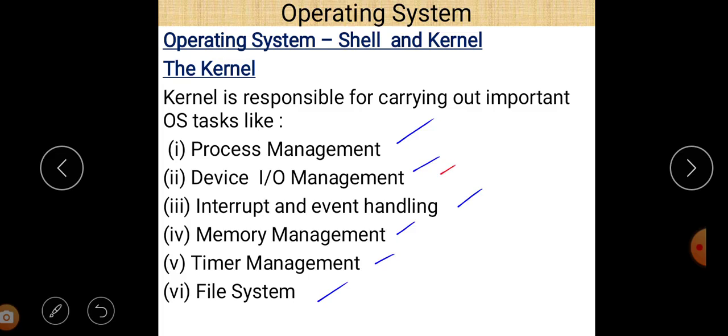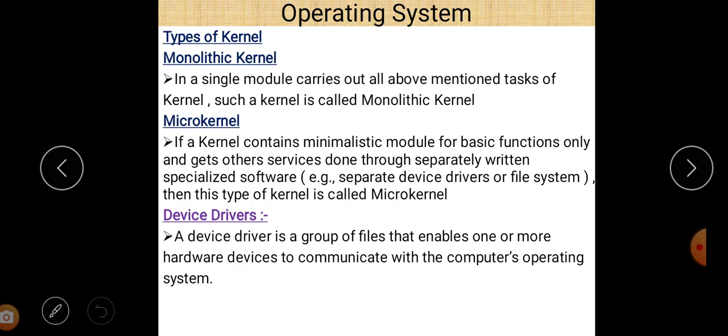So when these tasks are performed by a single module, it is called the monolithic kernel. And if a kernel contains a minimalistic module for basic functions only and gets other services done through separately written specialized software, then this type of kernel is called the microkernel.